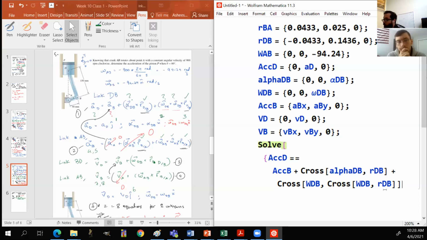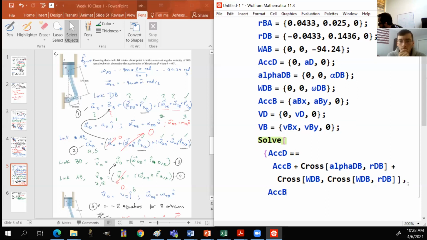All right. Okay. Next expression is AB. So I have acceleration of B, which is equal to my cross product like that.